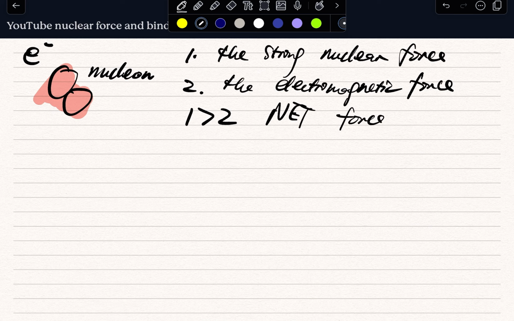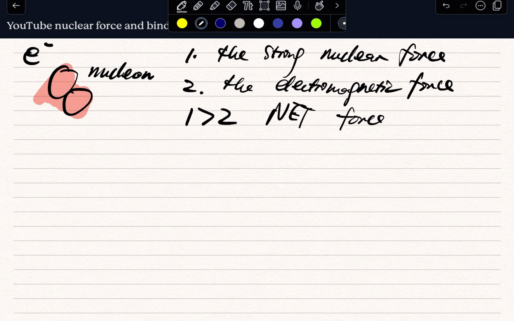So if I were to break it apart, say I don't want it to be stable, I want the proton and neutron to exist on their own to do some research, so I'm going to separate the nucleus. Then you have to put in energy to overcome the net force that holds things together.